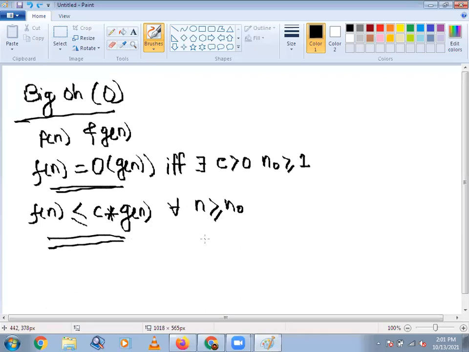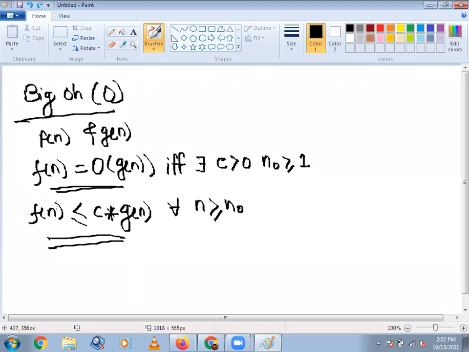From that n0, towards the right side it is the upper bound, and towards the left side it is the lower bound.